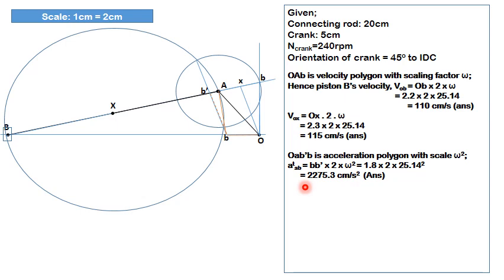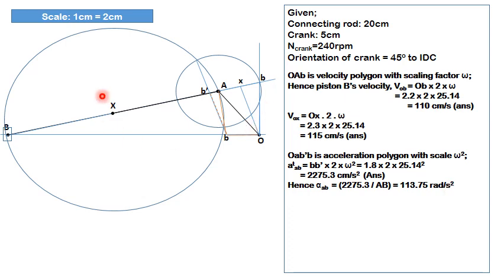Now I need to find the angular acceleration, which is the tangential acceleration divided by the length of link AB. So alpha AB is equal to 227.5 divided by AB. The length of link AB, the connecting rod length, is 20 centimeter. So calculate the answer. You will get it as 113.75 radians per second square. So that is the third question asked in the problem statement.